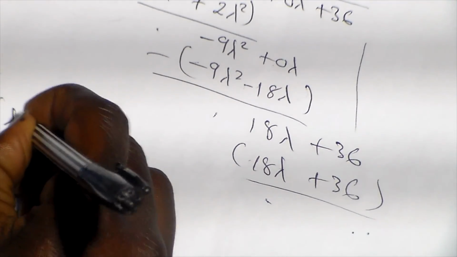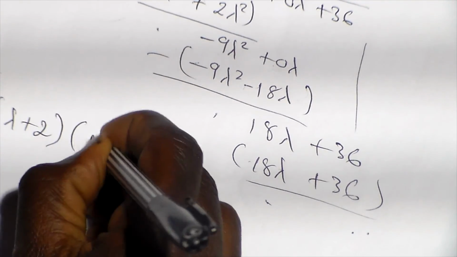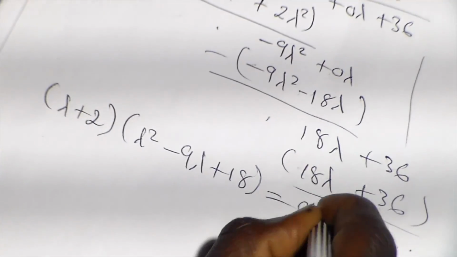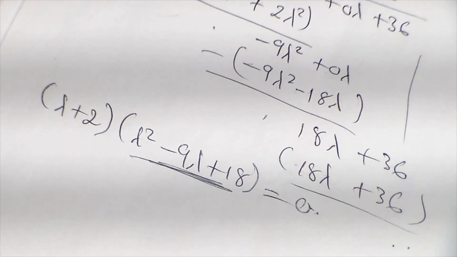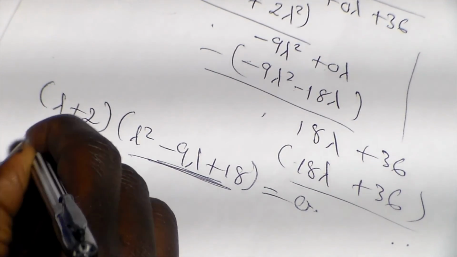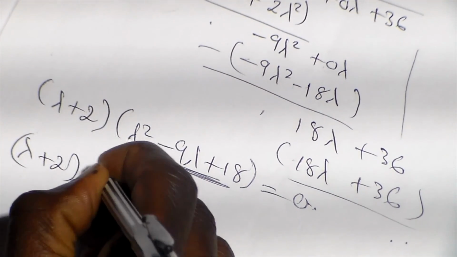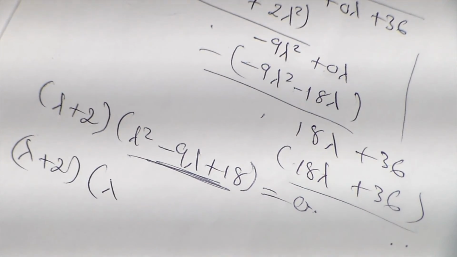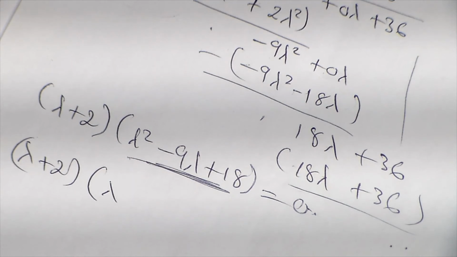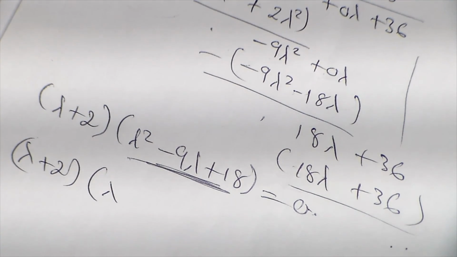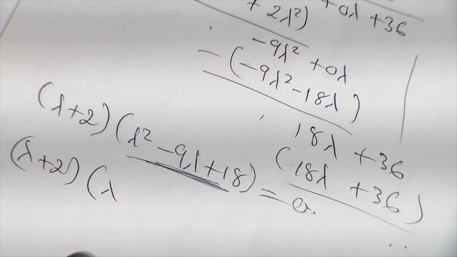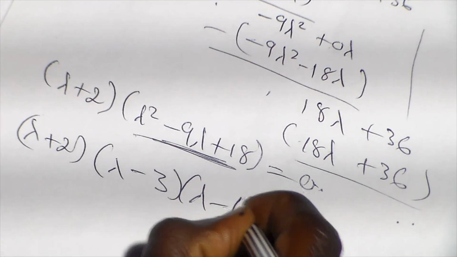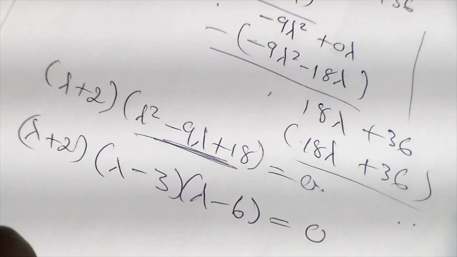So we are saying lambda plus 2 times lambda squared minus 9 lambda plus 18 is equal to 0. We factorize this so that we can find the factors: lambda minus 3 and lambda minus 6 equal to 0.